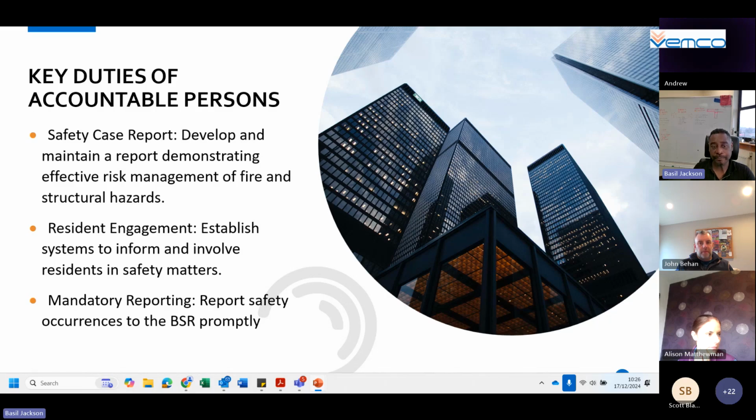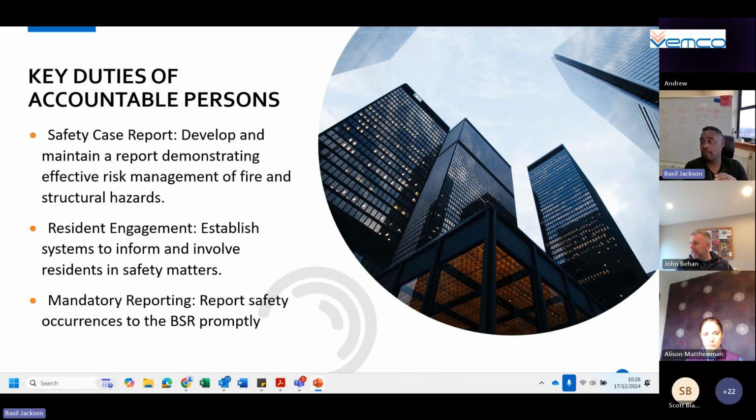And then there's this funny thing called a mandatory occurrence reporting system and procedure. What that's about is when there is an incident, say a fire-related incident or maybe a structural-related incident at the building, there must be a process by which you say, okay, an incident has occurred.